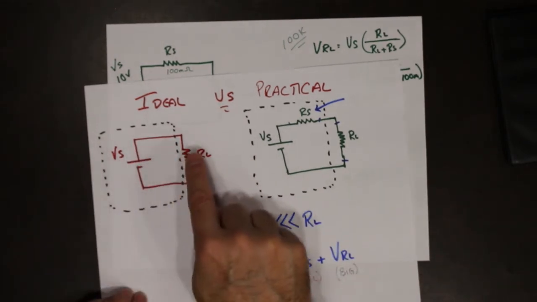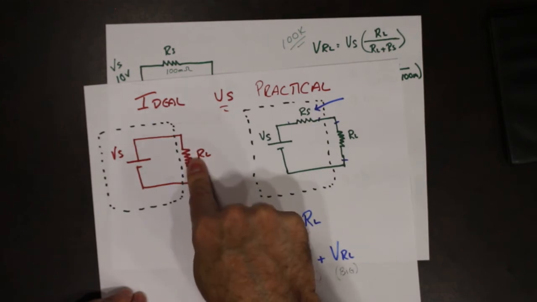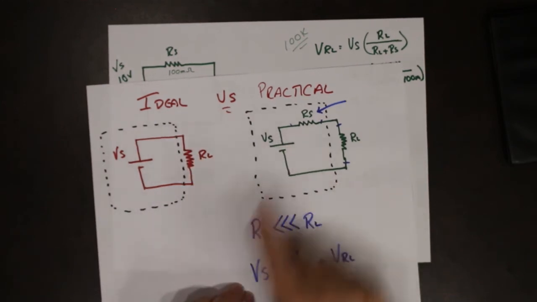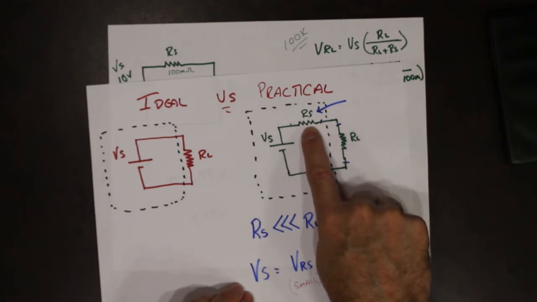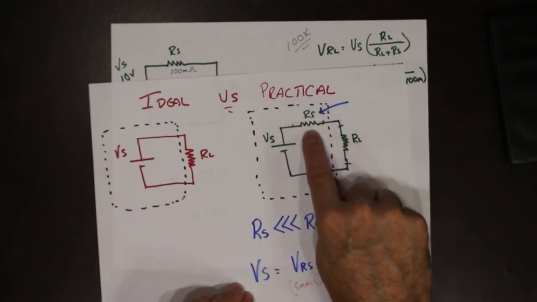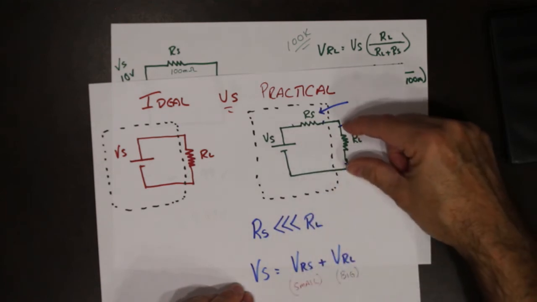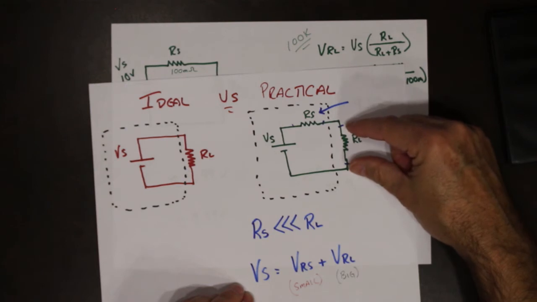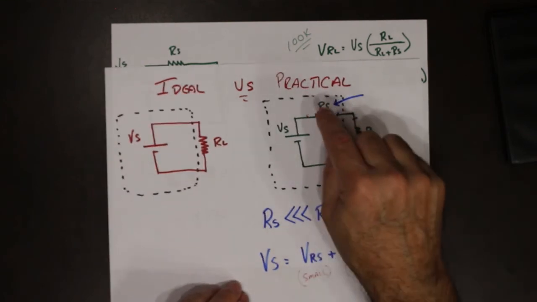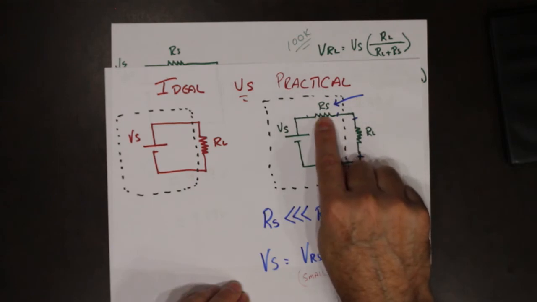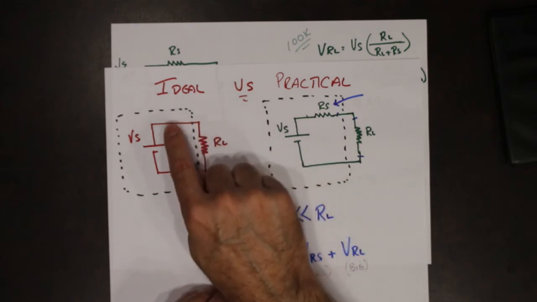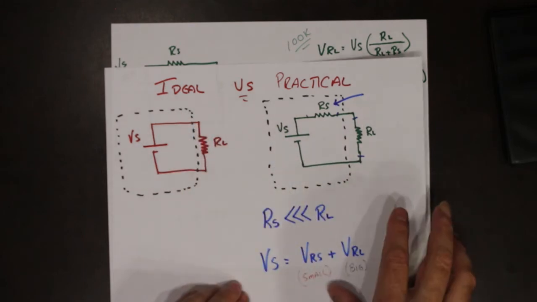In this particular case, if RS is small enough, the voltage drop across here becomes very insignificant in comparison to the voltage drop here. So, a practical source with a small internal resistance value becomes very close to the ideal supply.